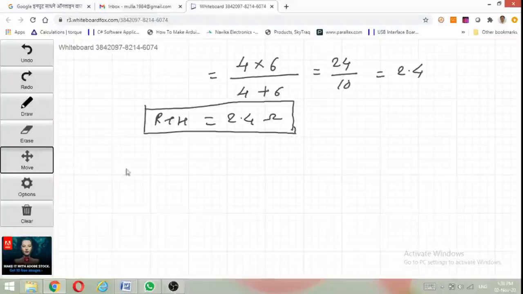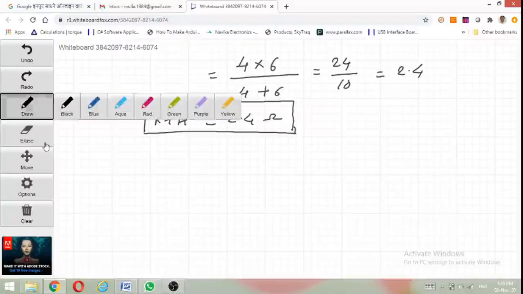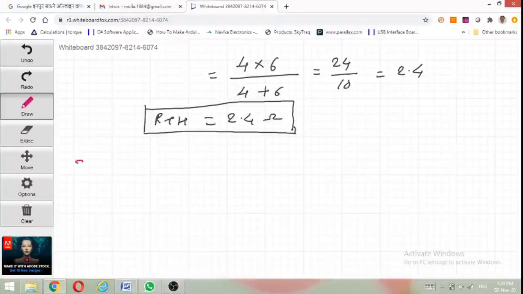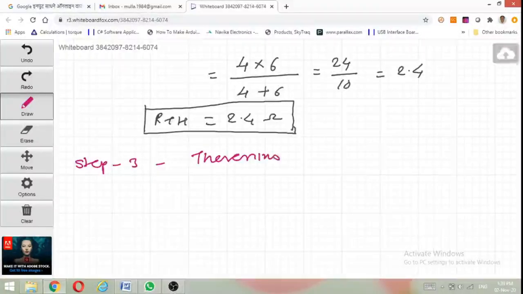Thevenin's equivalent. Step number 3. Thevenin's equivalent circuit.